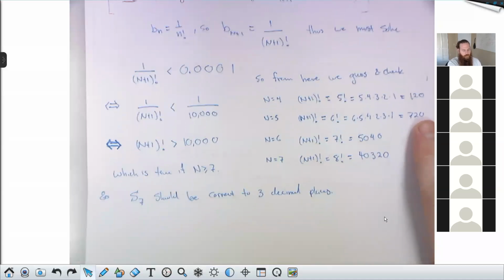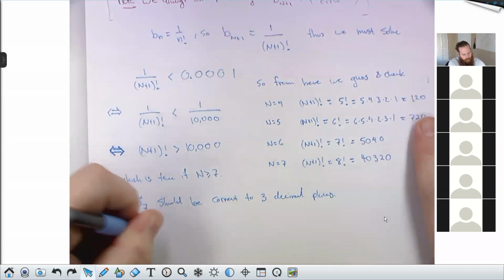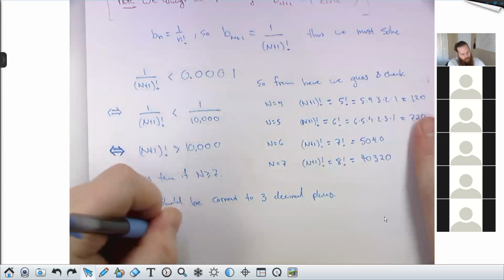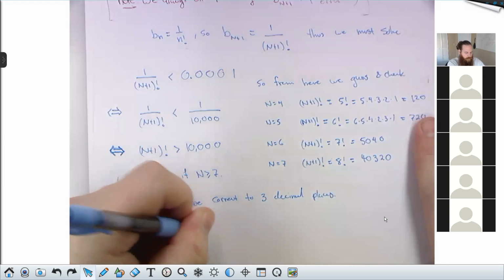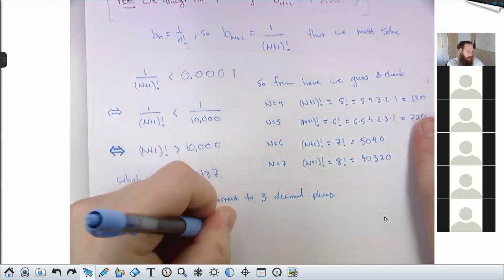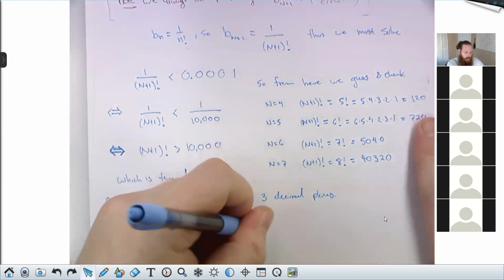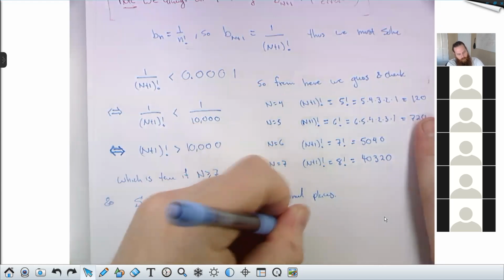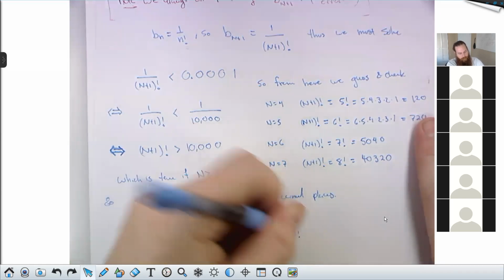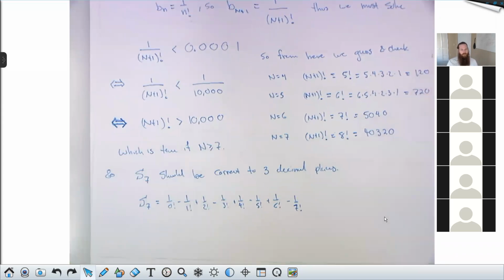S7 should be correct to 3 decimal places. Well, what is S7? It's 1 over 0 factorial minus 1 over 1 factorial plus 1 over 2 factorial minus 1 over 3 factorial plus 1 over 4 factorial minus 1 over 5 factorial plus 1 over 6 factorial minus 1 over 7 factorial. That's what S7 is.